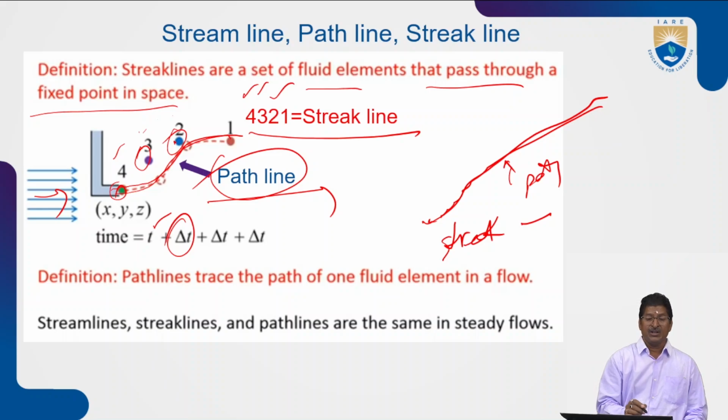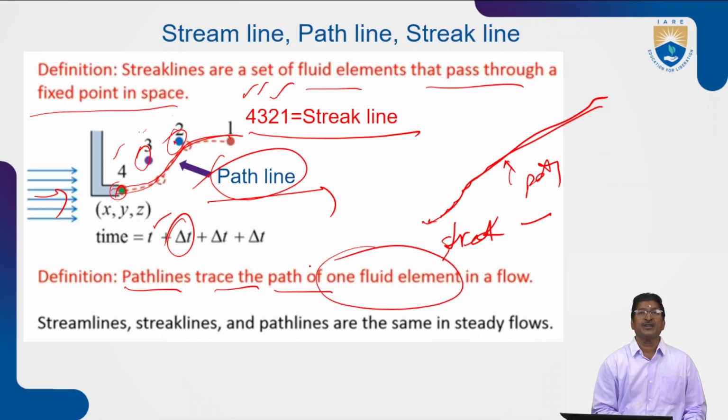So if you see the definition here, path lines trace the path of one fluid element. If one fluid element is going, and you trace the path of that single fluid element, that is a path line. So streamlines, streak lines and path lines are the same for steady flow.